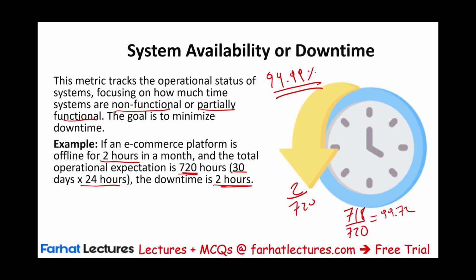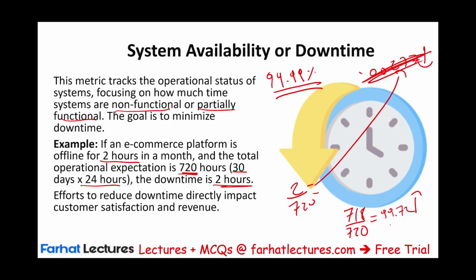Now if we take 1 minus that, it means the system is 0.00277 down, which is this ratio here, downtime. You want the system availability number to be higher. As this number goes up, this number goes down. You want to bring the downtime to 0.